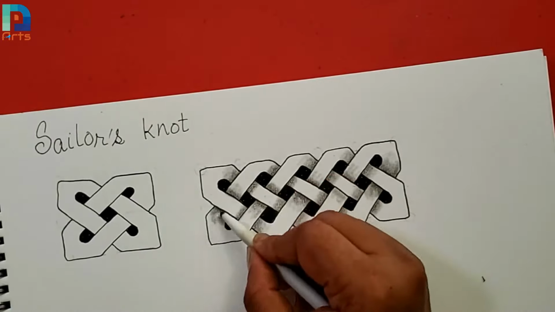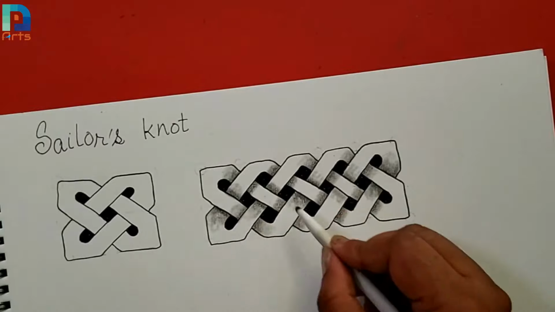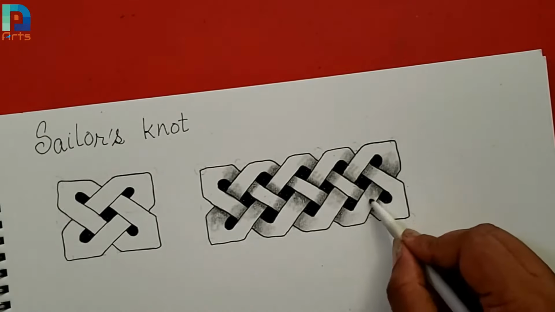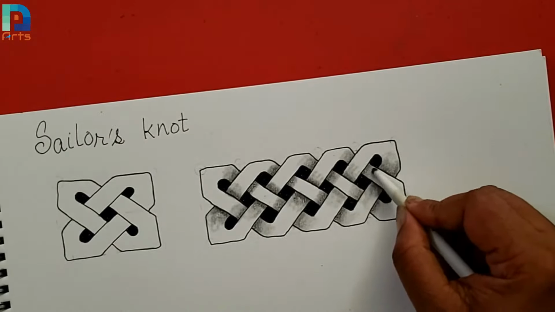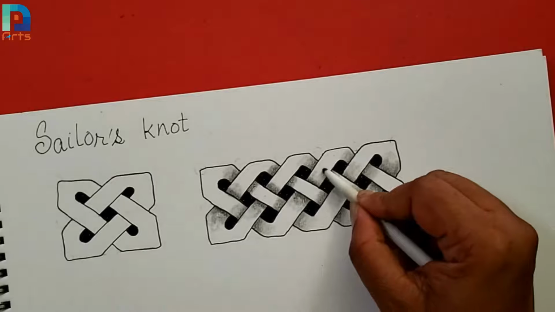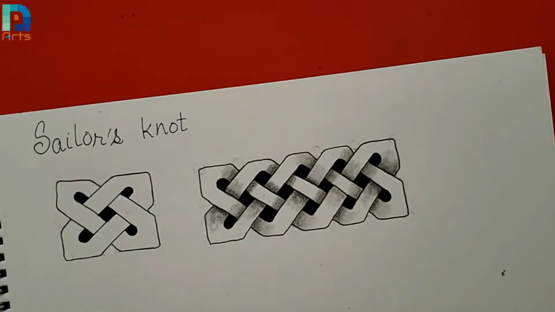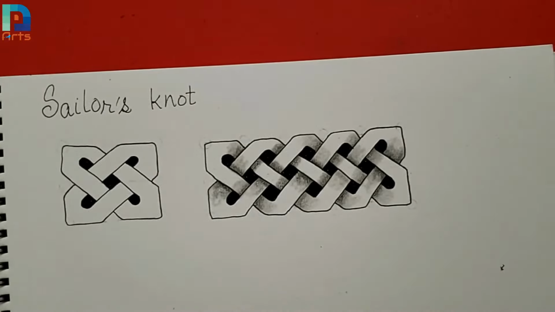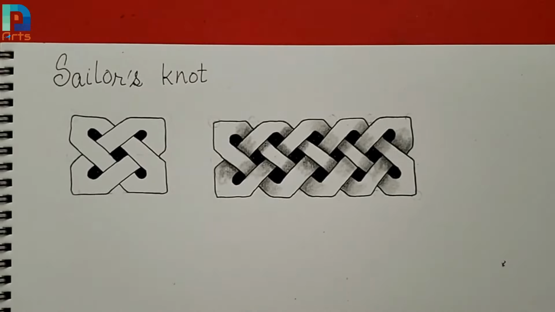Looks like I'm having a lot of graphite in my tortillon. Beautiful. So this is the sailor's knot. There are lots of variations of these knots.